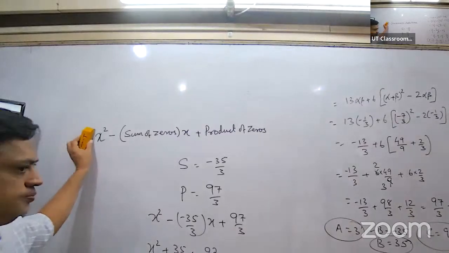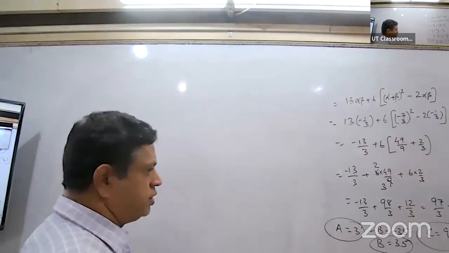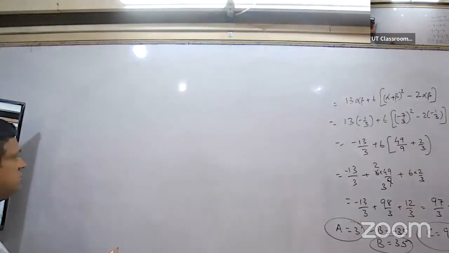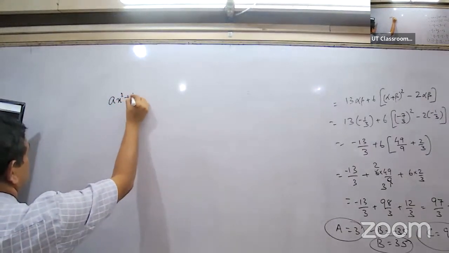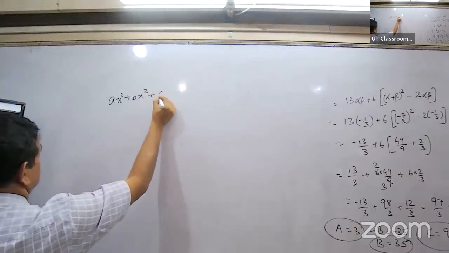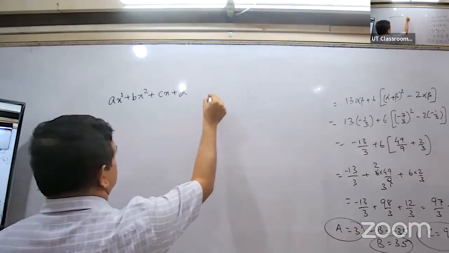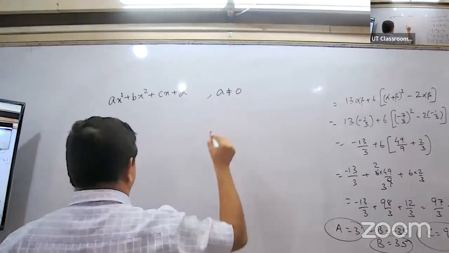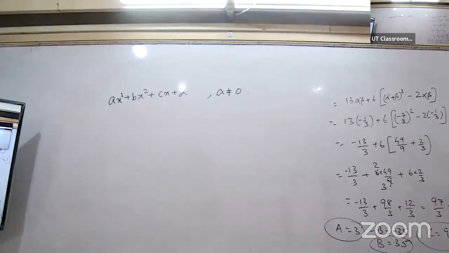Cubic polynomial. The general form is ax cube plus bx square plus cx plus d, where a is not equal to 0.